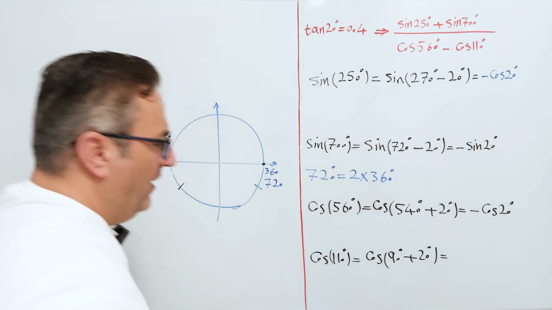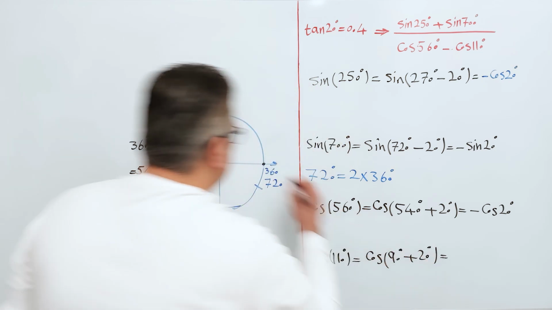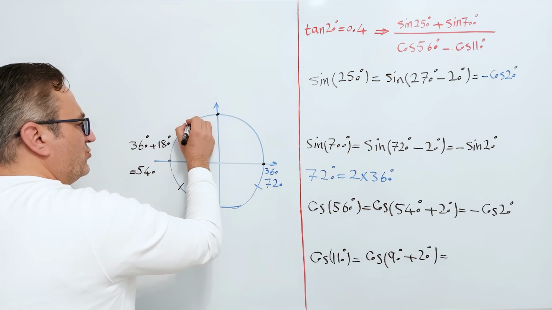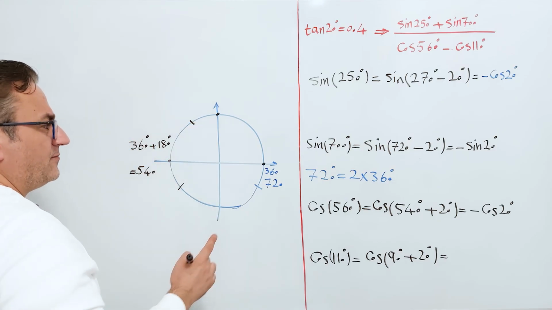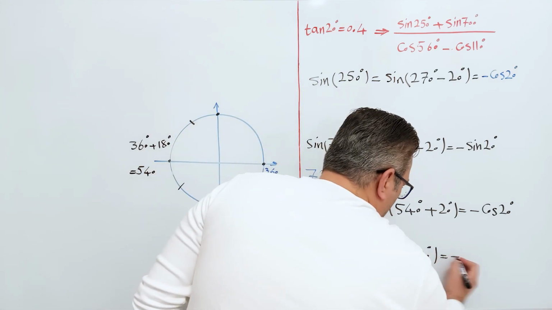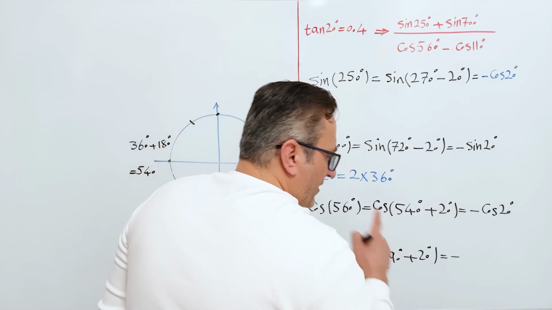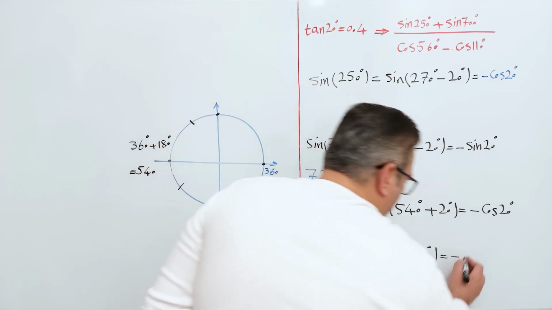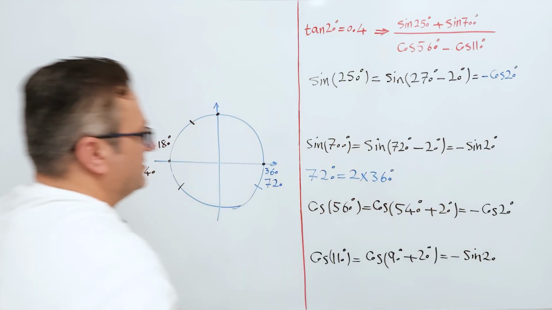And finally, cosine of 90 degrees plus 20 degrees is in the second quadrant. And the sign of cosine is negative, and 90 degrees acts like a co-function, and we have sine of 20 degrees.